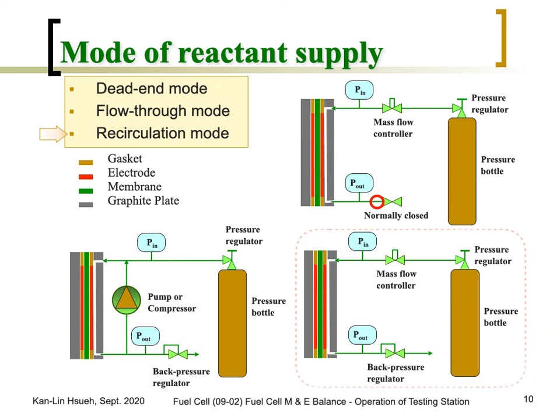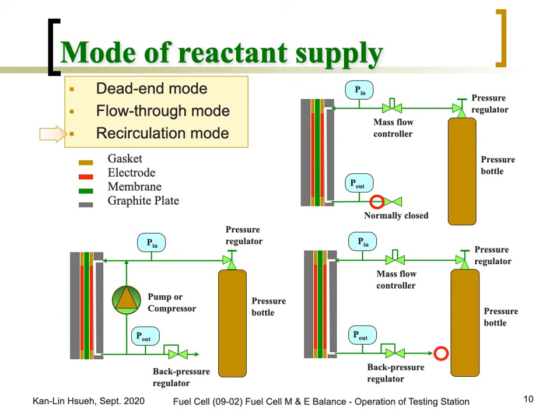In the flow-through mode, this part has a back pressure regulator. The hydrogen will keep flowing through the channel without any stop. So hydrogen will keep going through the mass flow controller, flow through the channel, and then just exhaust.